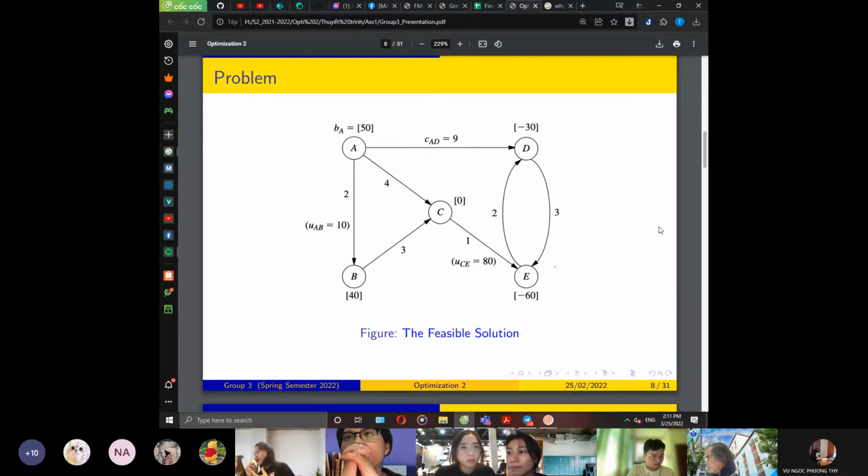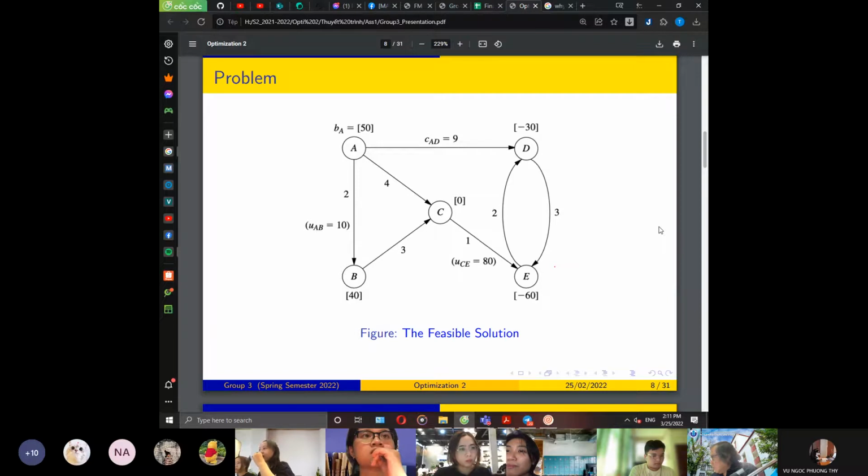By doing that, we cover several elements required for a complete computer implementation, such as how to build an initial basic feasible solution and how to conduct specific computations, such as determining the entering basic variable in the most efficient way.